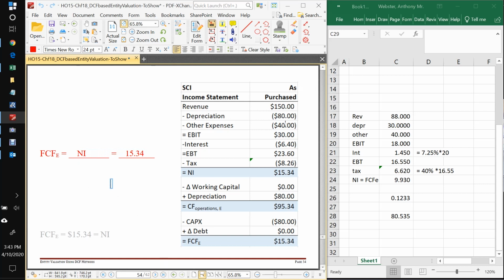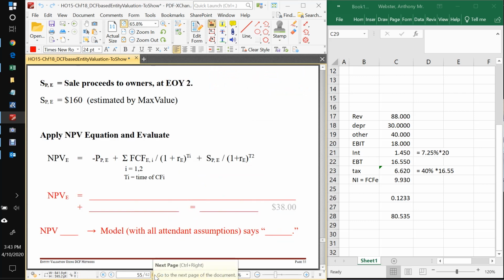Okay, so here as purchased is exactly, in this case, the as purchased is equal to the pre-purchase. And why is that? That's because it's steady state and they're not making any changes. They're not changing the leverage. They're not changing anything.